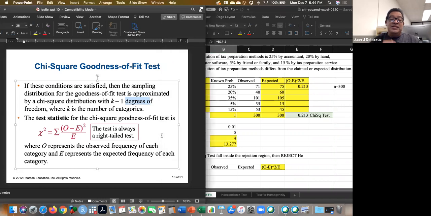Let's keep doing this because this is a little bit different. First of all, we subtract the observed minus the expected, square it, divide by the expected, then do it for every single one and add all of them. That is going to be the value of my chi-square, where O represents the observed for each category and E represents the expected frequency of each category. We know these values.